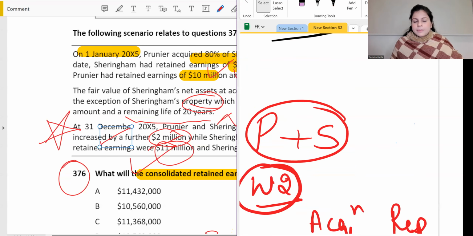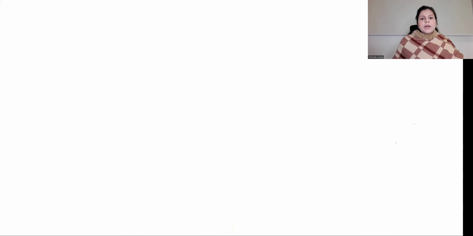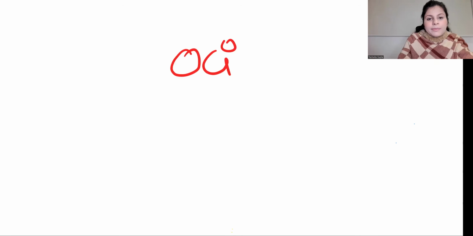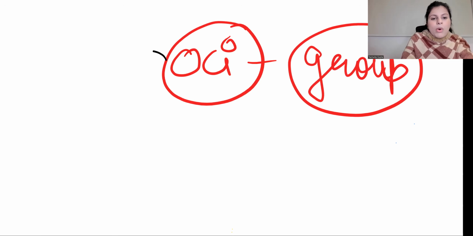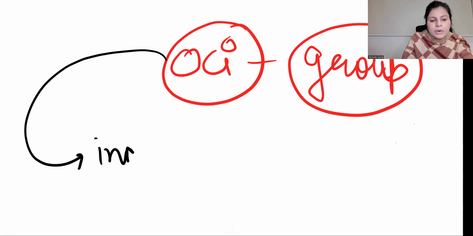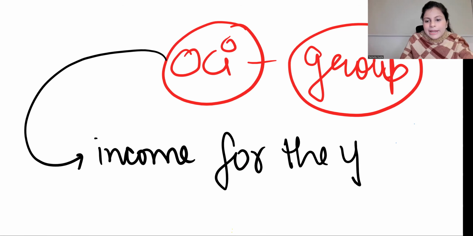Let me re-explain. What's given in the question? They are asking you what goes into other comprehensive income of the group this year. So in other comprehensive income, only the income for the year will go. We all agree with this? We will not take any reserve.